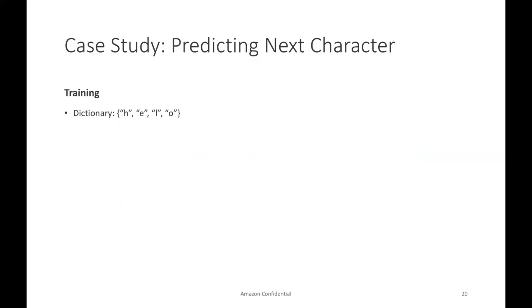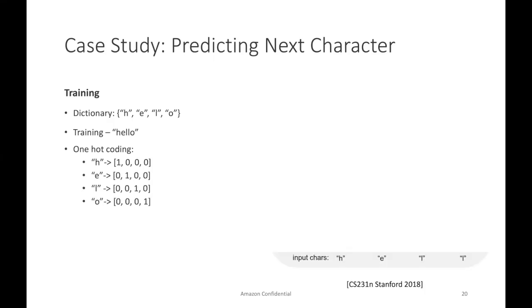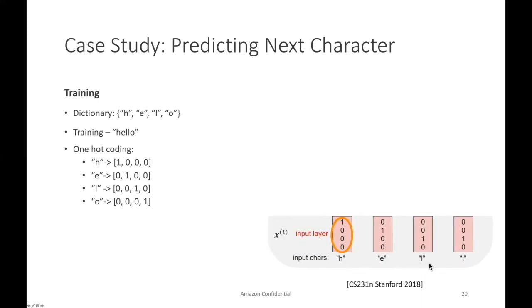So we will take a small example here: how do you predict the next word, or the next letter, for example here the next character in a word, and how can you do that? Our training data will be this word hello, and we will do a one-hot encoding to denote which letter is incoming, and these letters are represented as one-hot encoded.